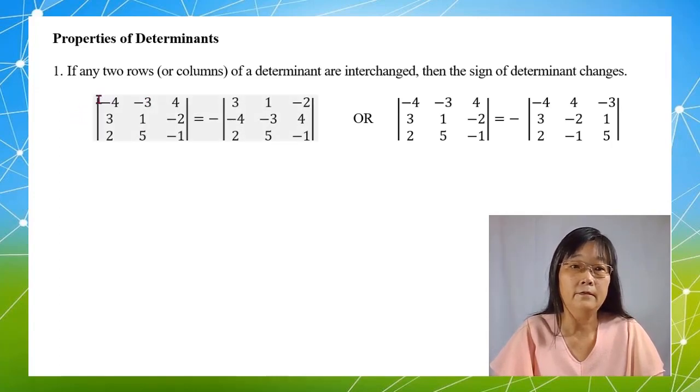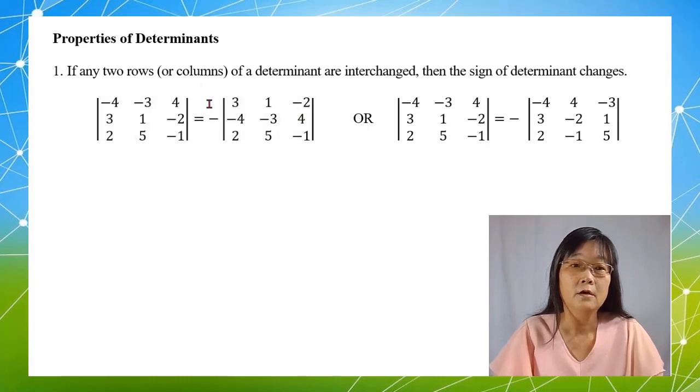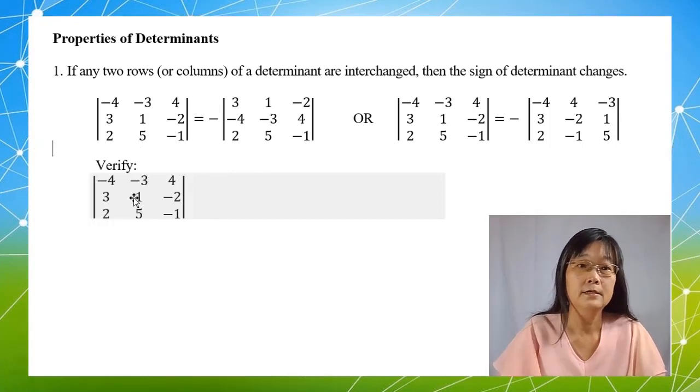If I exchange the first row with the second row, or any two rows or any two columns, then the value of the determinant after interchange will change from positive to negative, or from negative to positive. Now we can verify this.